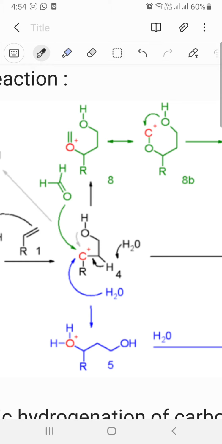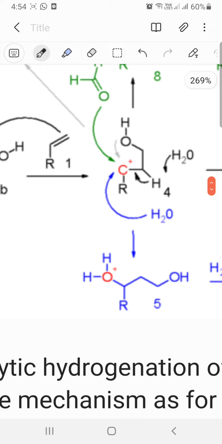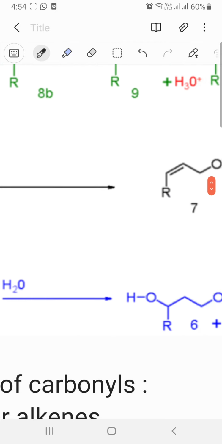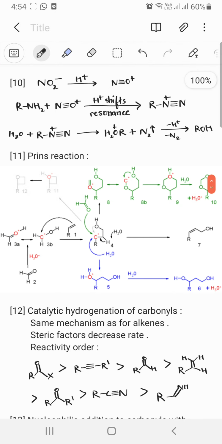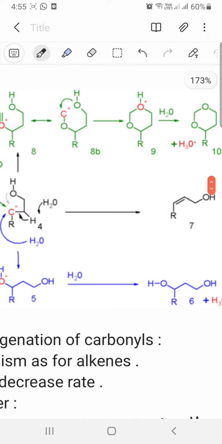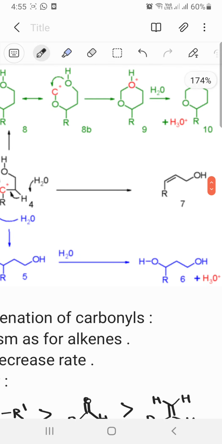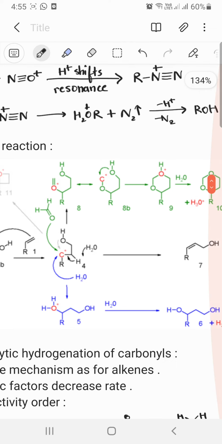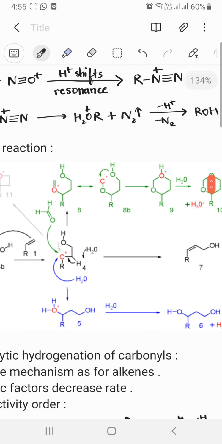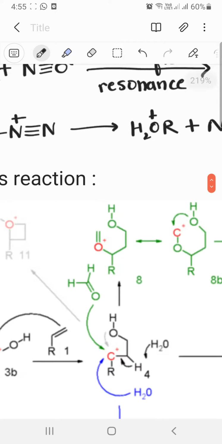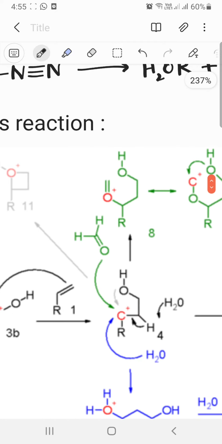You could just take OH from the water and get this thing. So you just took OH from the solvent, and you will have this product. These two are not that extraordinary, but the last one, this green one, is the more useful one.